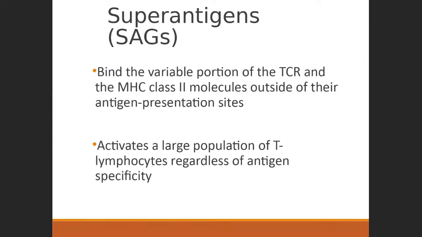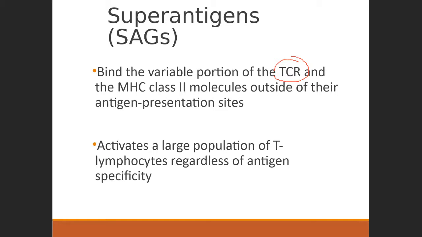We also have what we consider superantigens. Now, these superantigens don't present to the surface of the cell quite the same as our exogenous or our endogenous did. They bind to a more variable portion of our major histocompatibility complex, the TCR, T cell receptor proteins.